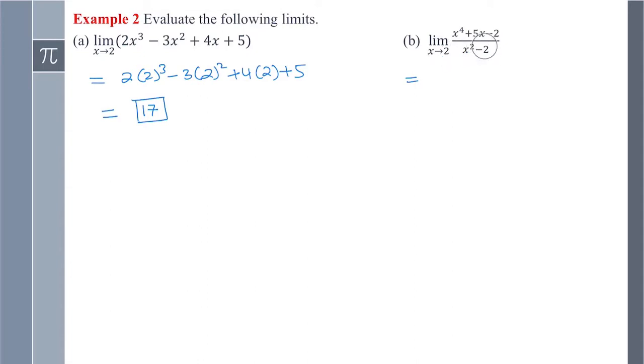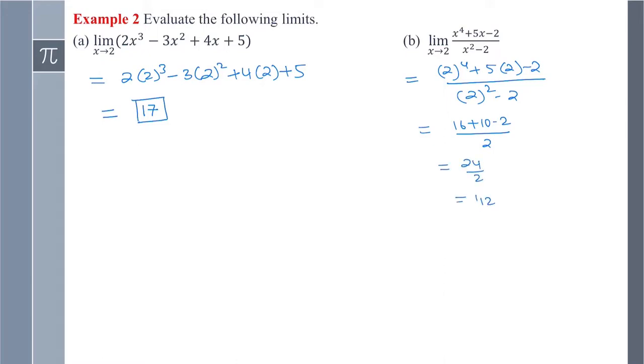So I can write 2 to the 4th plus 5 times 2 minus 2, divided by 2 squared minus 2. If you put it into your calculator, this is 16 plus 10 minus 2, and then 4 minus 2 is 2, and then you will get 24 over 2, and that gives us 12.